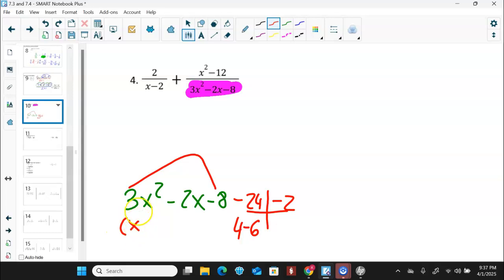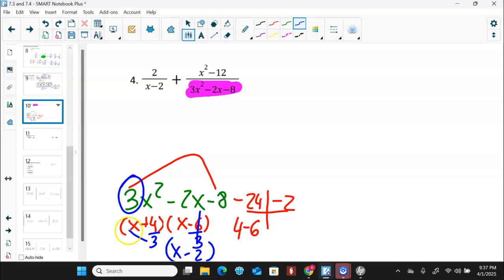Now, remember that this has a leading coefficient of 3. So this is going to be divided by 3 here. So x minus 6 does divide by 3, so this is going to be x minus 2. And then 4 does not divide by 3, so 3x plus 4 comes here. What does that mean?